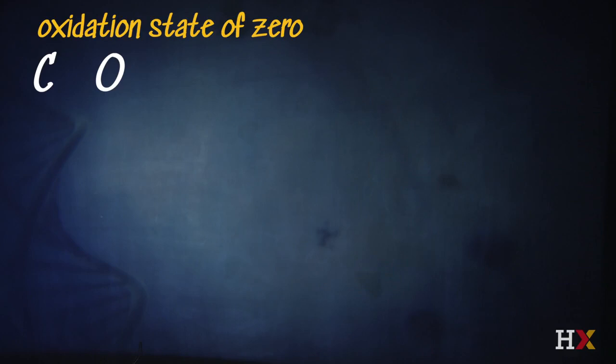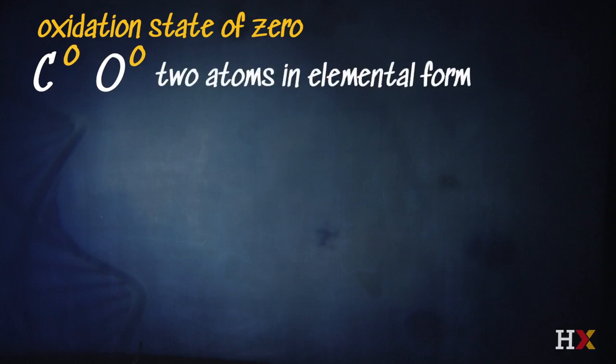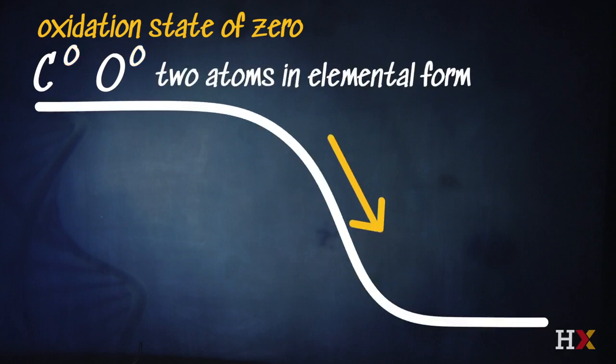So let's represent that as our free carbon atom, our free oxygen atom. We'll place that at a distance equal to the internuclear distance of carbon monoxide. We'll define the oxidation state, in this case, as 0, because they are in their free elemental form. And then we're going to proceed to form the molecule.